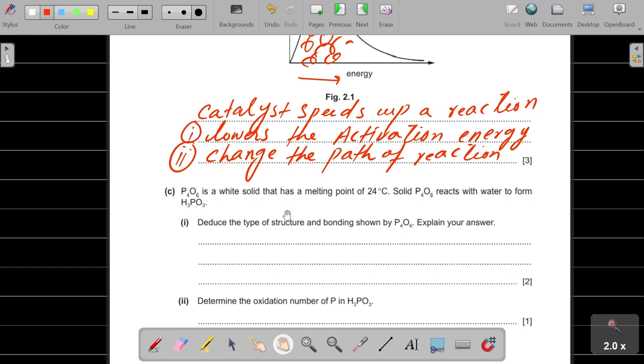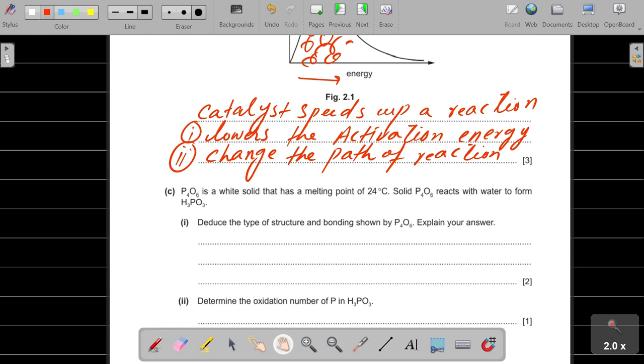A low melting point means it is not an ionic compound and not a giant covalent structure, because their melting points are high. The first clue is here, okay? And the second is that it can react with water. When something reacts with water, it is a type of hydrolysis reaction, okay?